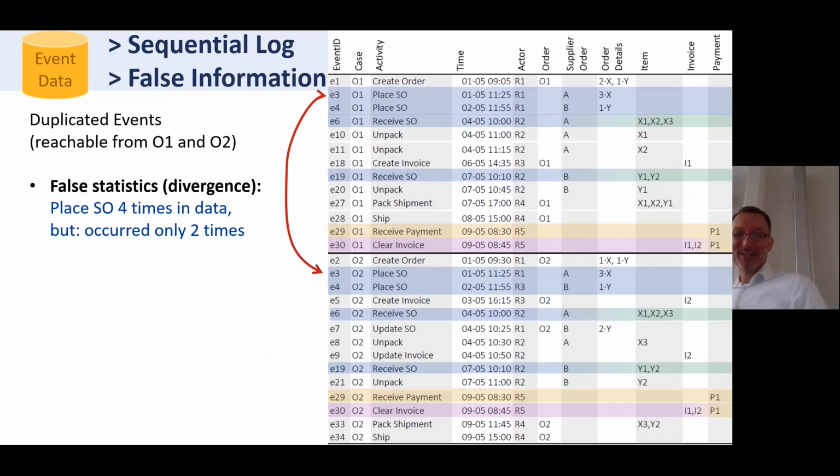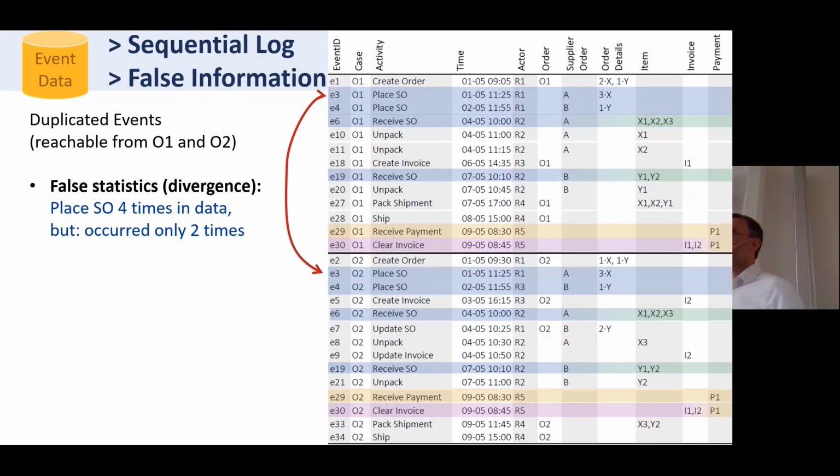It's too long ago. So the problem is here I see an event receive supplier order followed by an event update supplier order. So there's 2 events following each other that are actually not related because one is for supplier order A and one is for supplier order B. But I don't see that. I'm just looking at O2.